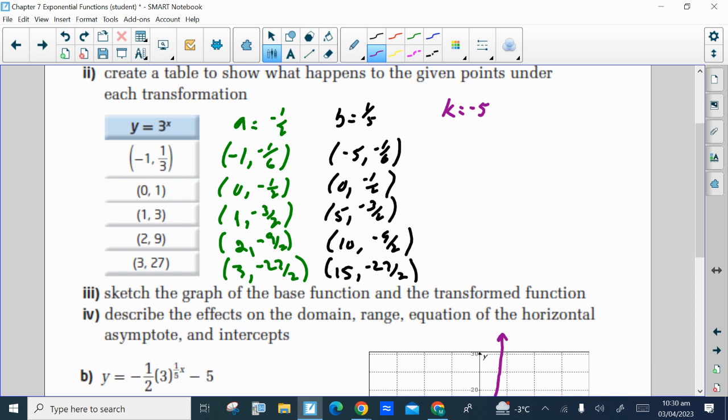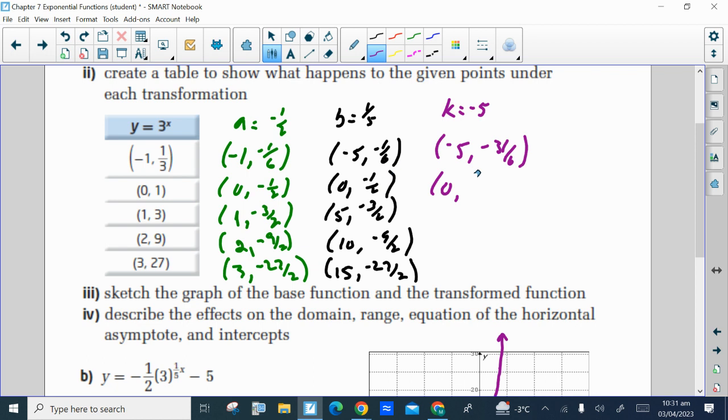So for this first point, because the y value is negative 1/6 and we want to subtract 5, we'll need a common denominator there, which would be 6. 5 with the denominator of 6 is 30 over 6. So negative 1/6 take away 30 over 6 would be negative 31 over 6. Negative a half, now we're again taking away 5.